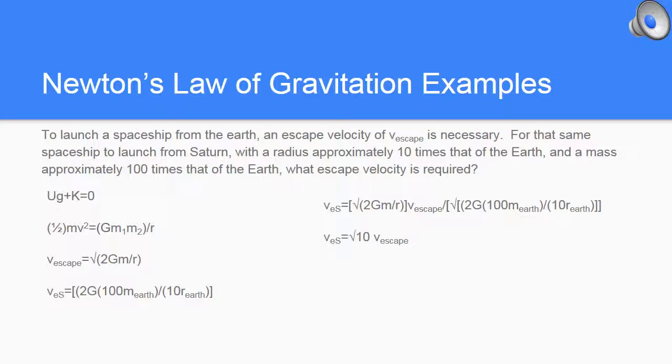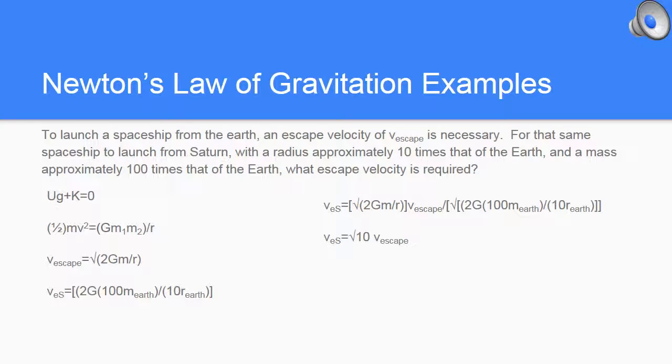So for our second Newton's law of gravitation example, we have, to launch a spaceship from Earth, a certain escape velocity is necessary. For that same spaceship to launch from Saturn, with a radius approximately 10 times that of the Earth and a mass approximately 100 times that of the Earth, what escape velocity is required?